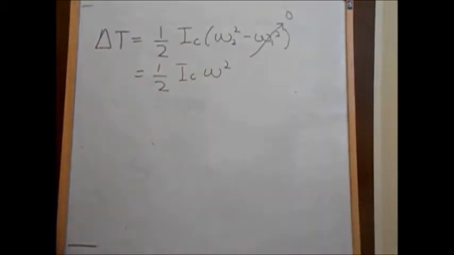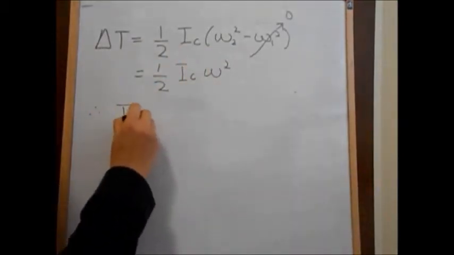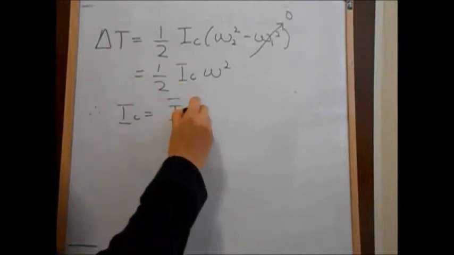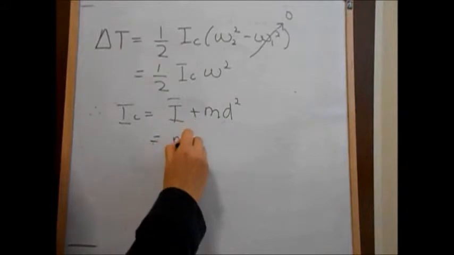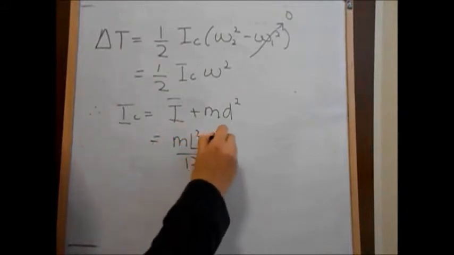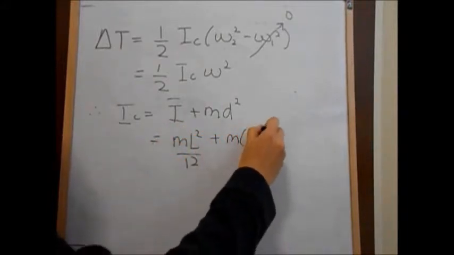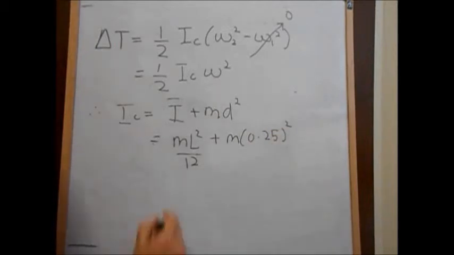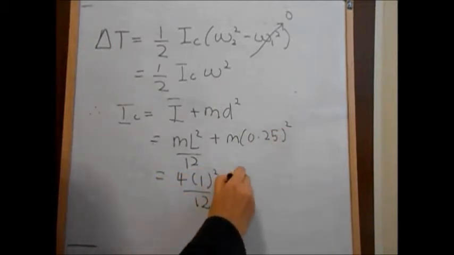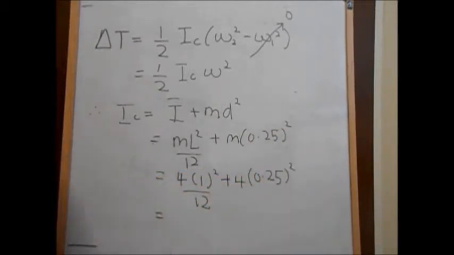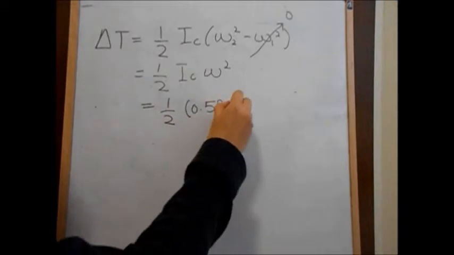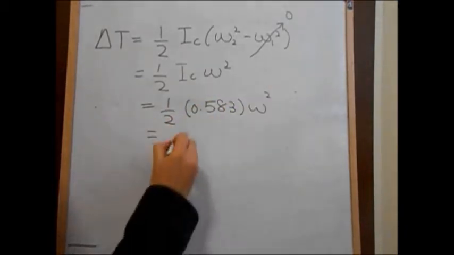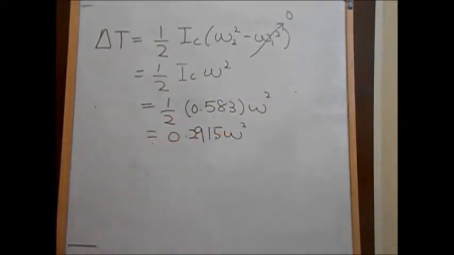Since omega 1 is 0, delta T is half IC omega squared, where IC is I bar plus md squared. For the rod, the I bar is ml squared over 12. So we just substitute in the values here, and then we get delta T is 0.2915 omega squared.